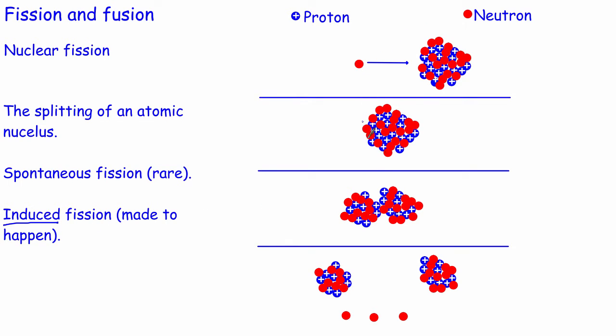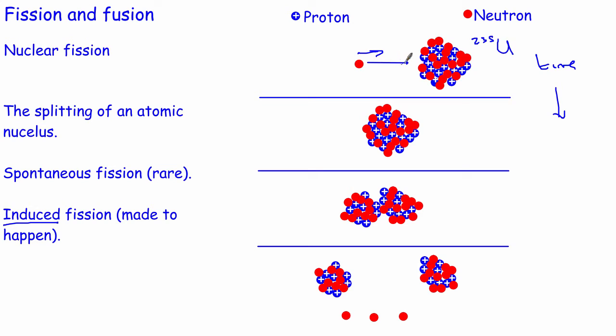This is the kind of diagram that you will have seen from GCSE. This is the start of the process, this is the end, so you can think of time moving downwards in this diagram. We've got a uranium-235 nucleus, and we take a neutron and fire it inwards, as this arrow shows.